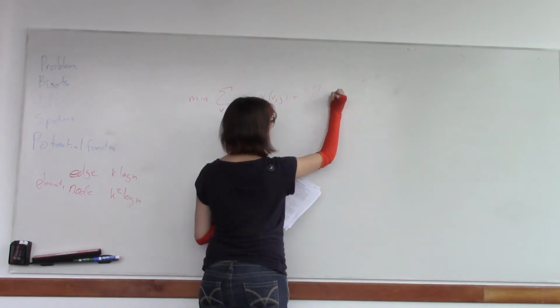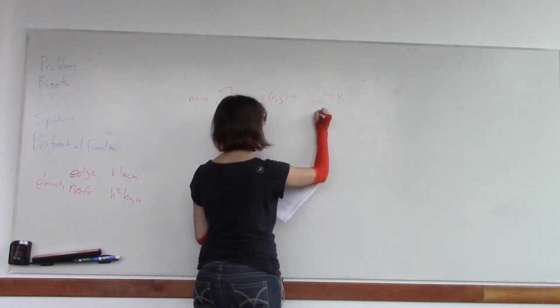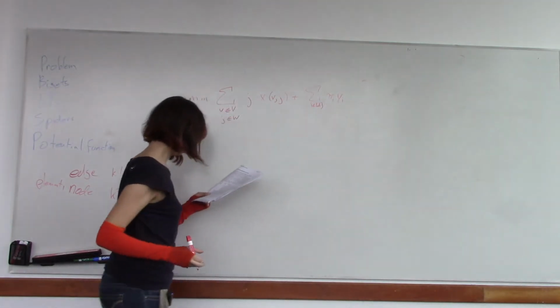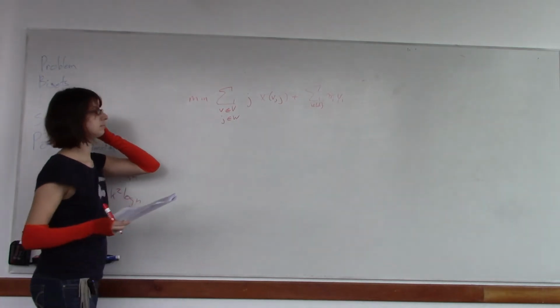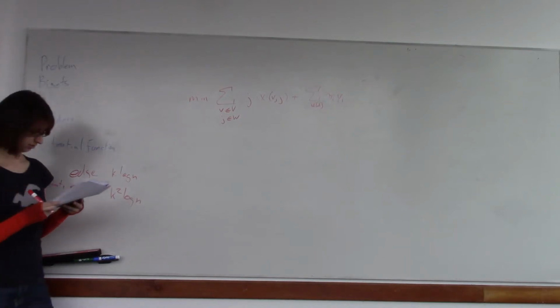And then are we going to satisfy constraint i? So now we need to see if the constraint is satisfied. Do we satisfy constraint i? Or do we pay the penalty for it?